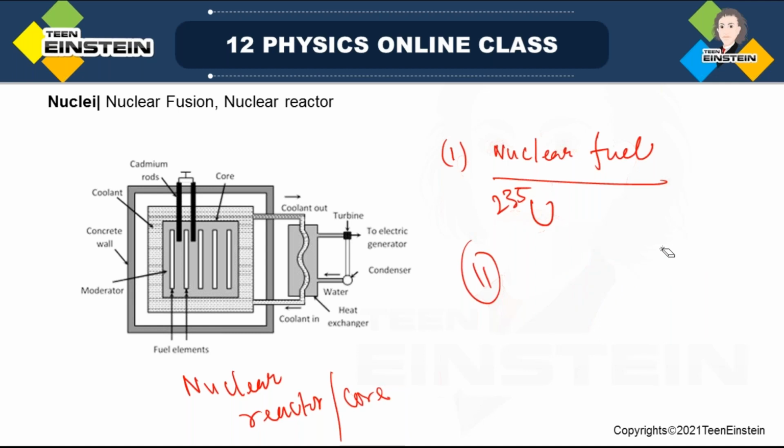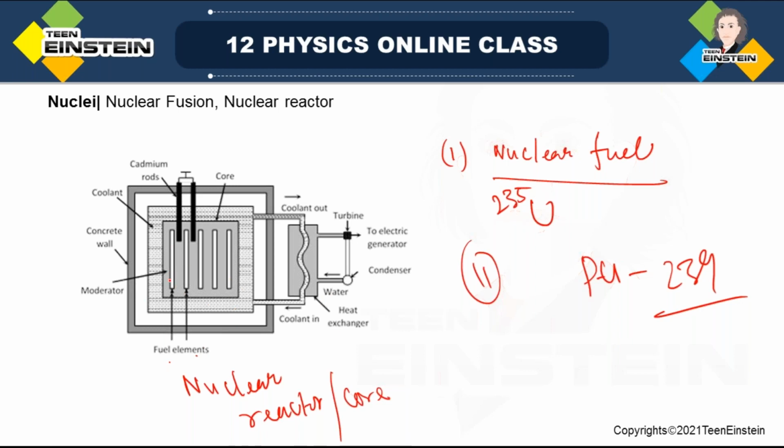So this is uranium 235, then Pu 239, and so on. So these are the nuclear fuels, and in the nuclear reactor, fuels are actually made in the form of rods.